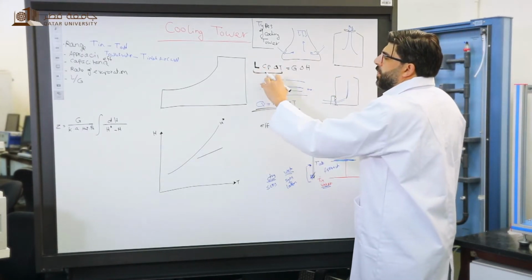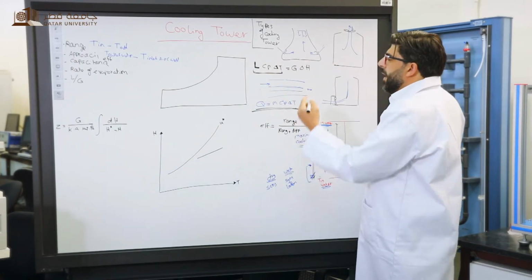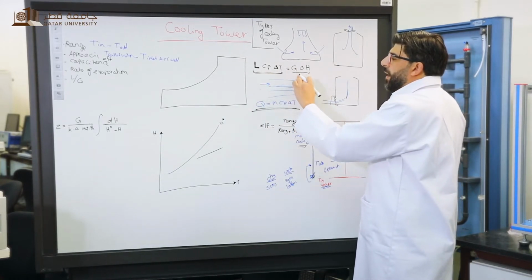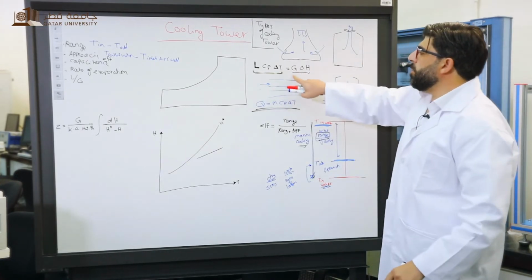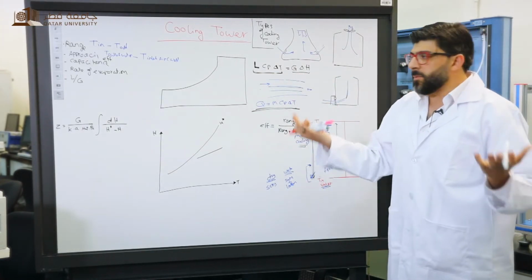So here the change is only sensible because it's liquid phase, and in the gas phase we have two processes: sensible plus latent. So both should be equal if the energy is balanced between them.